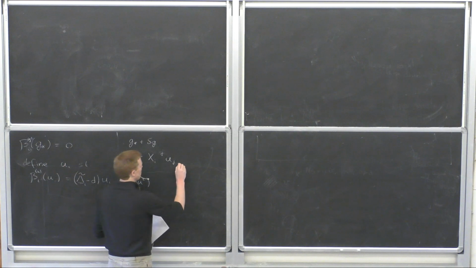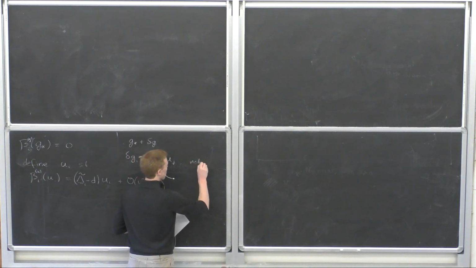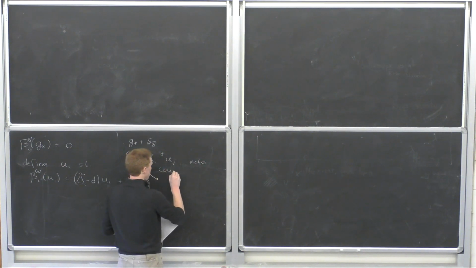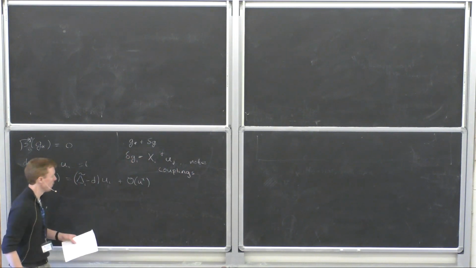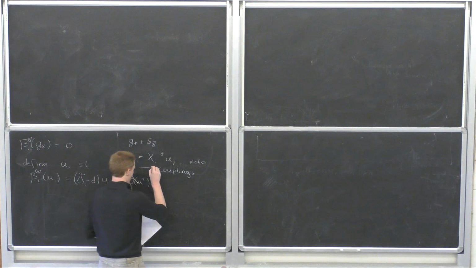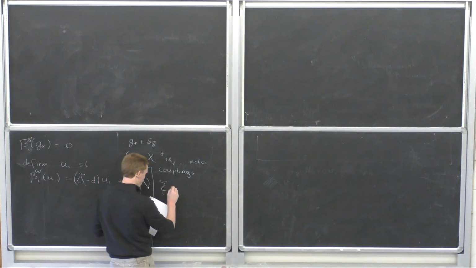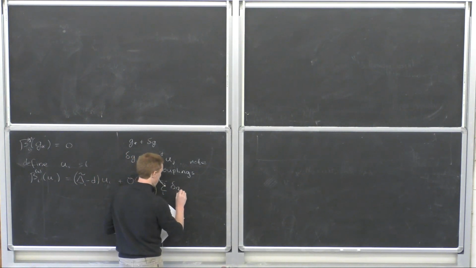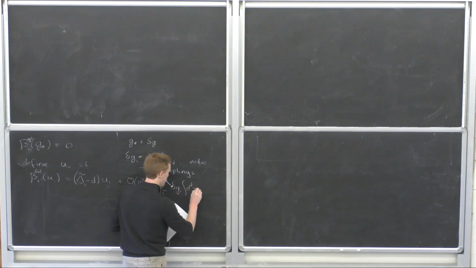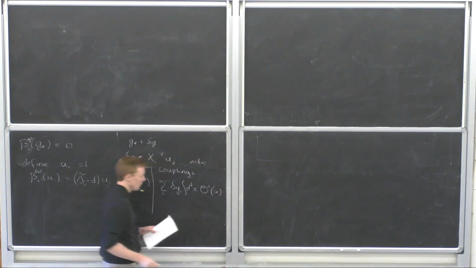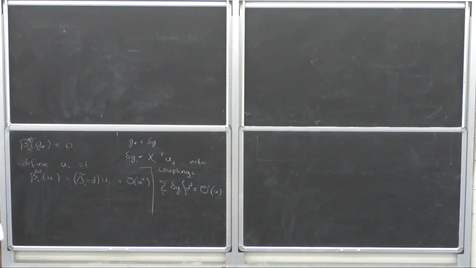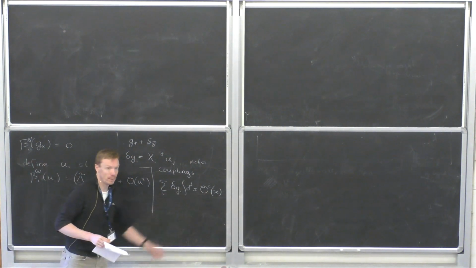Note that the couplings in the Lagrangian then look like this: sum over I delta G_i integral d^dx. I'm omitting powers of lambda here, but you can insert them yourself, or you just absorb them in the definition of these operators.